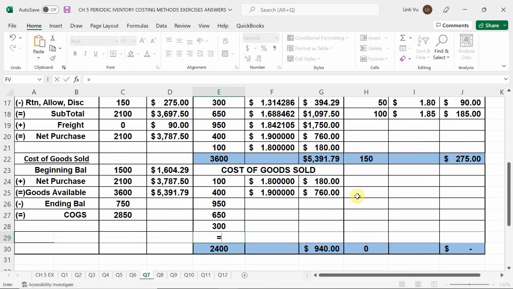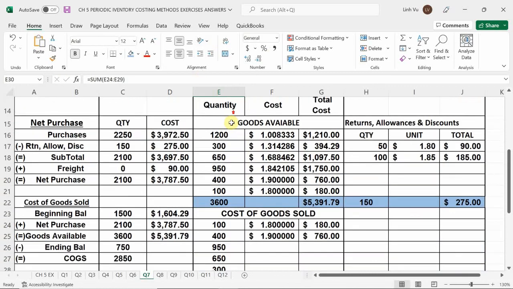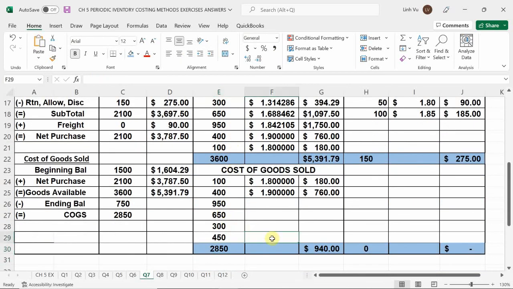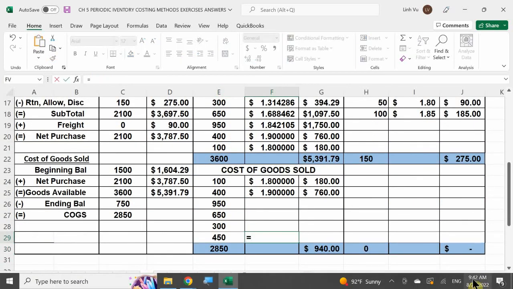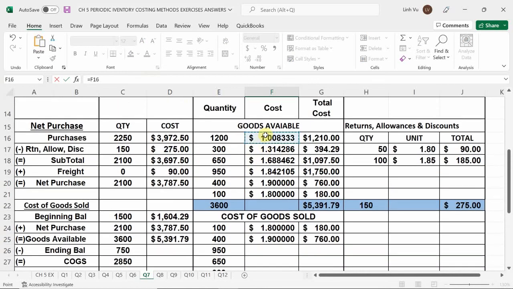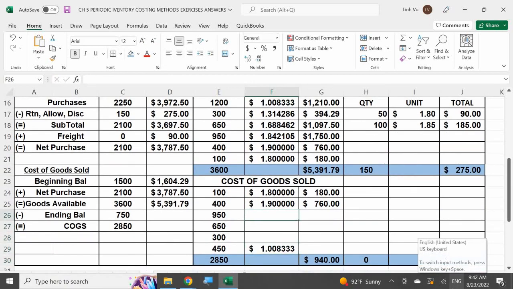So let's do the math. 2,850 minus 2,400. I need to sell 450 units. In this case, I only got one batch of inventory left. Okay, so this one, I need to do a calculation here. Because in this case, I sold everything that I purchased.